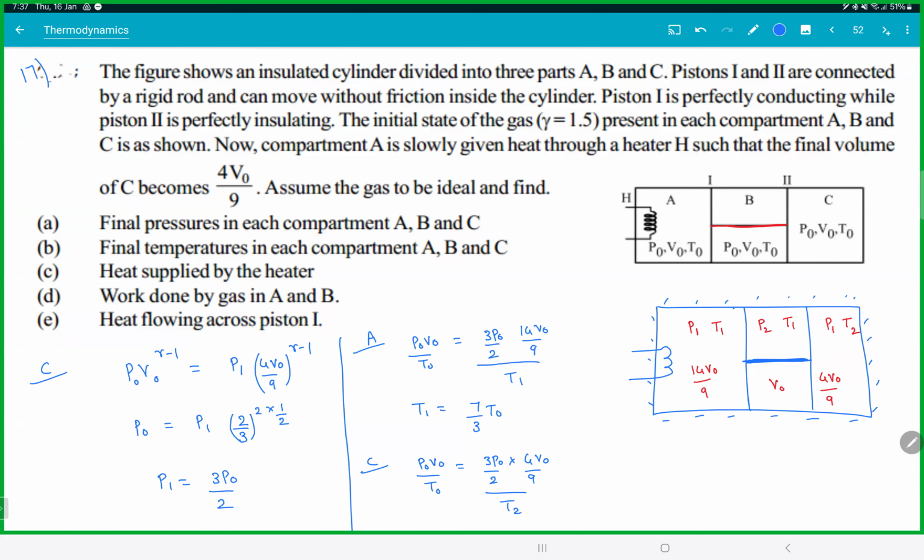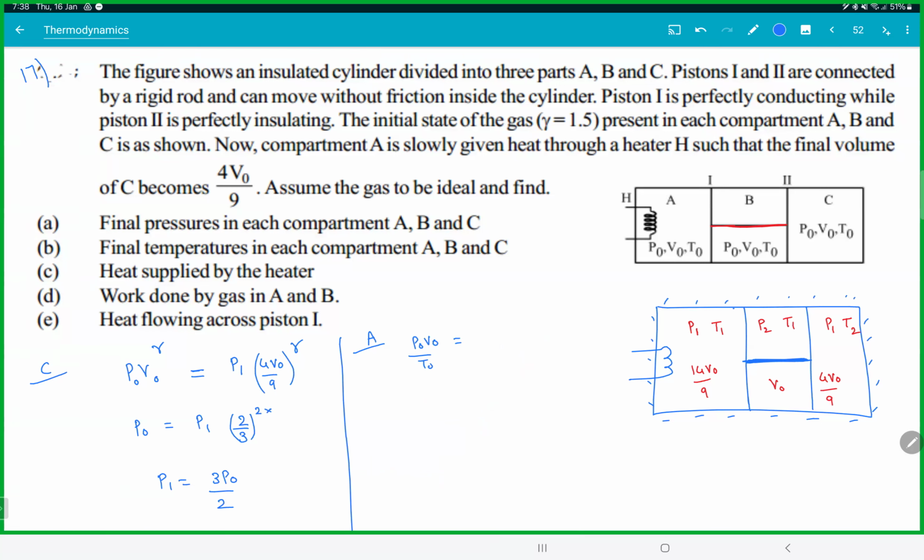2/3 squared. Oh man, what did I do? This PV power gamma is constant, right? That is PV power gamma is constant, not PV per gamma minus 1. I did everything wrong.